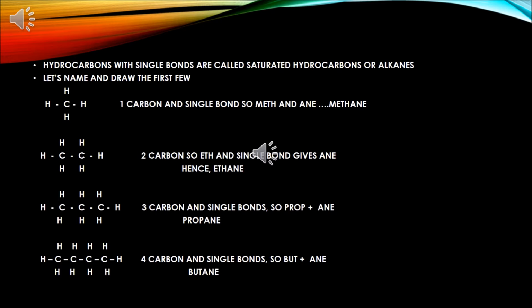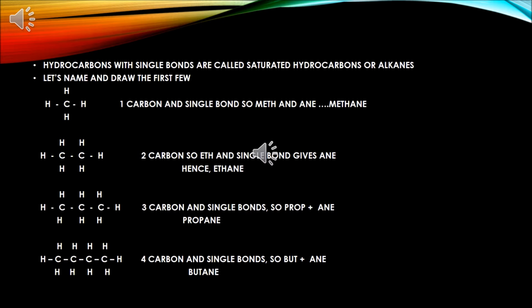So in this structure there is a single carbon, so we'll be using the prefix meth. And since there are only single bonds present, we are using the suffix ane, and combining together the name becomes methane. For the second hydrocarbon discussed here, there are 2 carbon atoms, so we're using the prefix eth, and since there is a single bond between the 2 carbon atoms, we're using ane, which gives the name ethane.